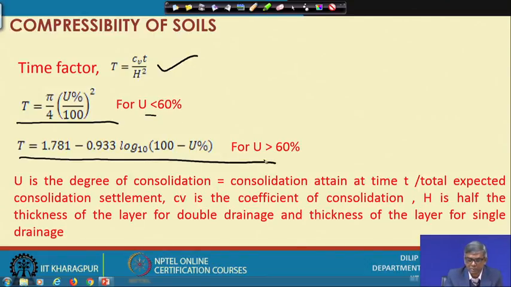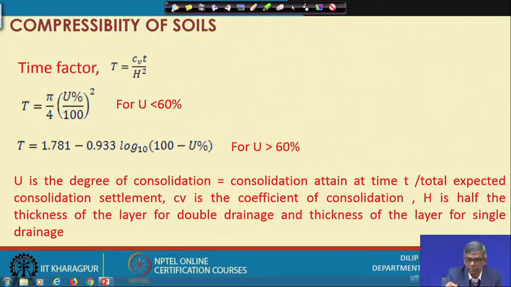The degree of consolidation is the consolidation attained at time t divided by the total expected consolidation settlement, C v is the coefficient of consolidation, and H is half the thickness of the layer for double drainage and the full thickness of the layer for single drainage. I have explained all of this before, and I am giving a summary here.